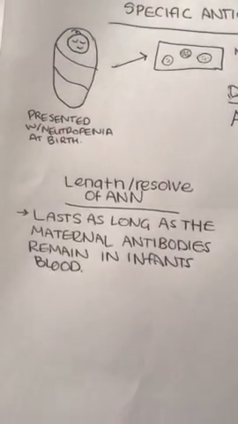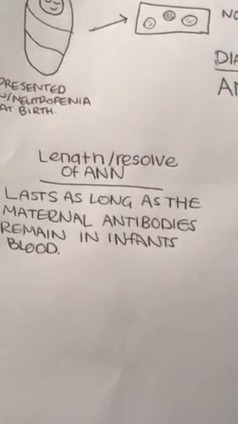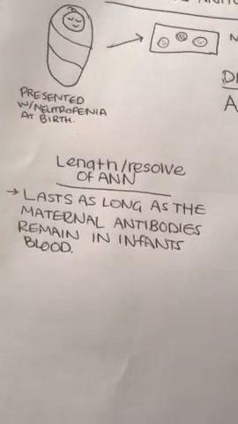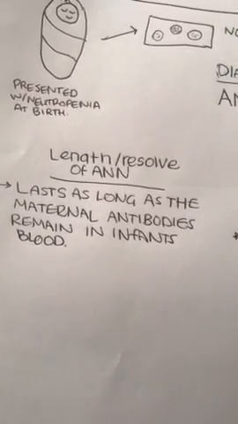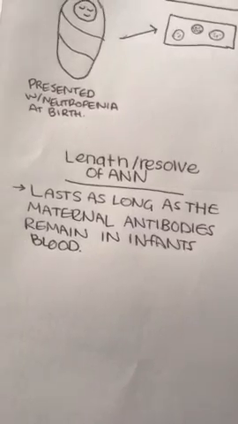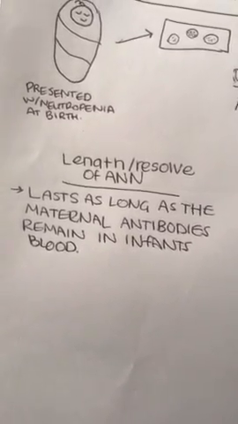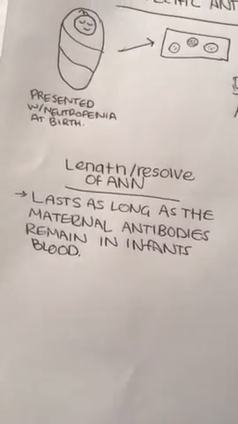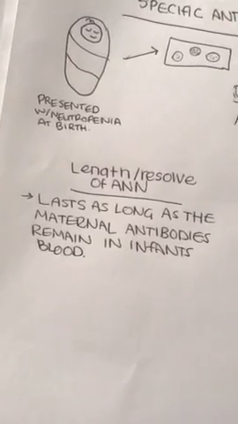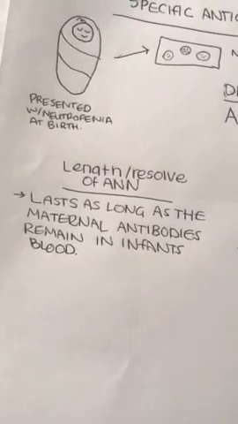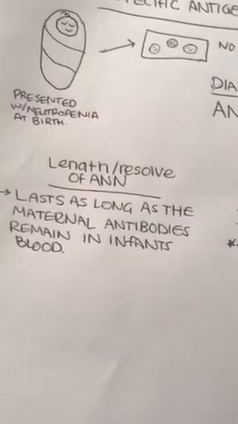The length and resolution of AN is that it lasts as long as the maternal antibodies remain in the infant's blood. So the neutrophils will continue to be destroyed until the maternal antibodies are removed from circulation by the baby.